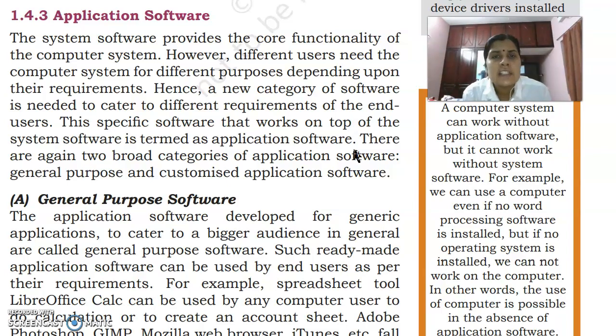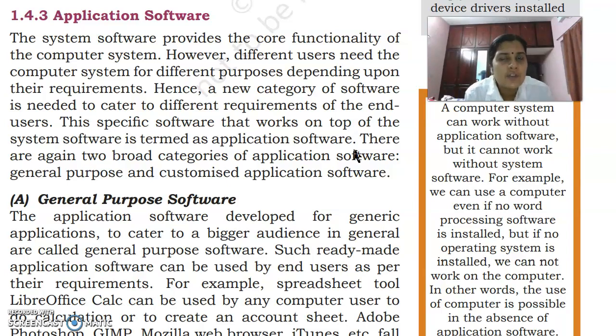Our application software works only by using system software. For different purposes, we use different application software. For example, if we are typing, we use Word, or if we are doing calculations, we use Excel. Like that, we use many application software according to our requirement.